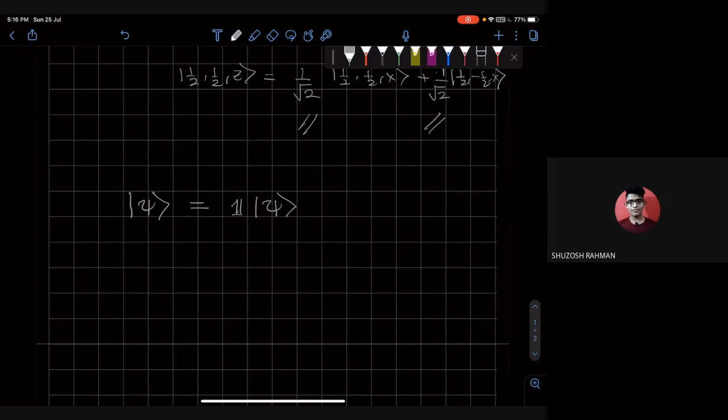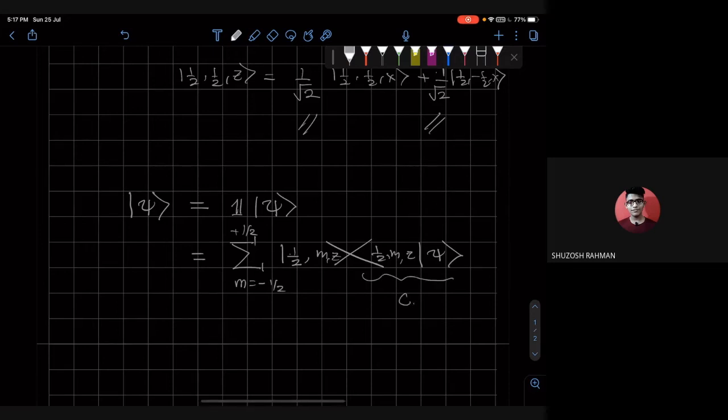Yeah. So we can express it in terms of, say, m goes from minus half to plus half, and this is, say, half m, and suppose this is in the z basis, which is important for this discussion to denote which basis we are using, times psi. So what are these?